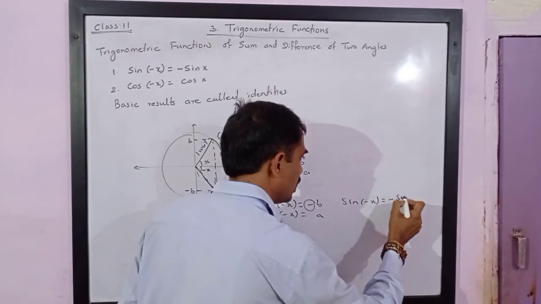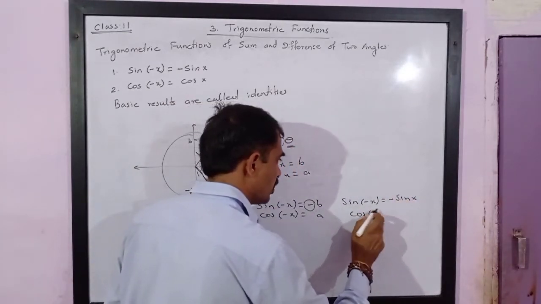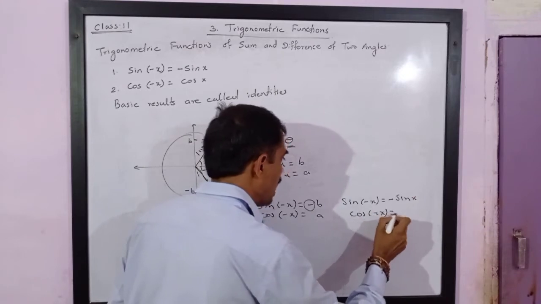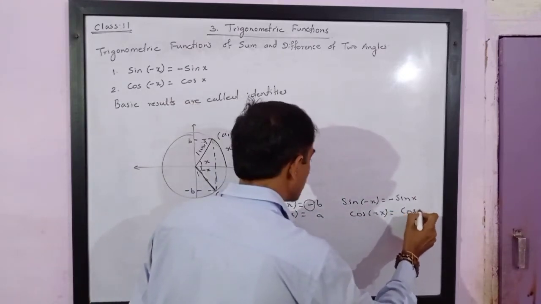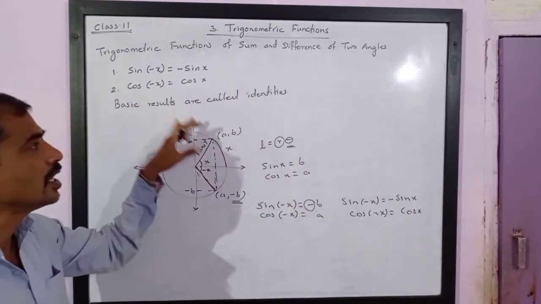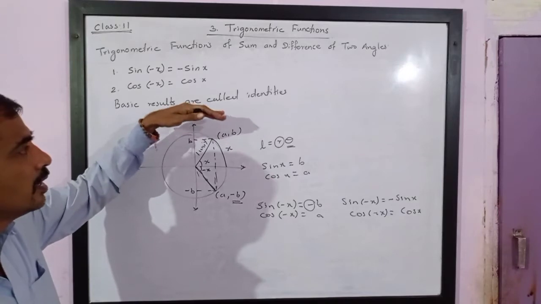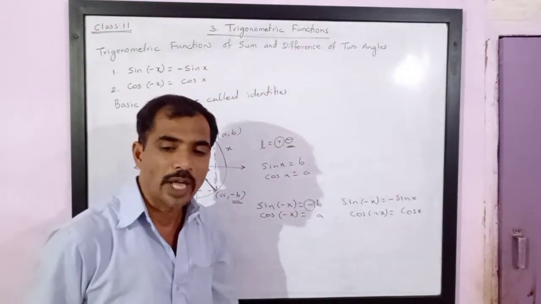And cos of negative x and cos x are the same. So cos of negative x is equal to cos x. This is what we have already studied. We are going to use these two results while finding the trigonometric functions of sum and difference of two angles.